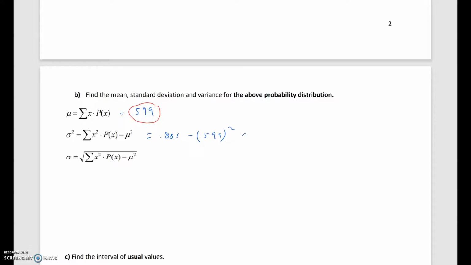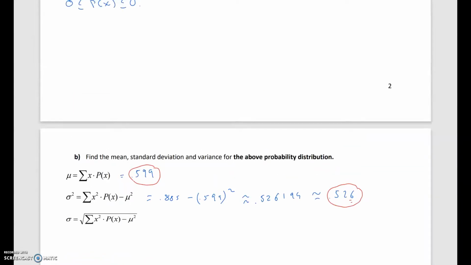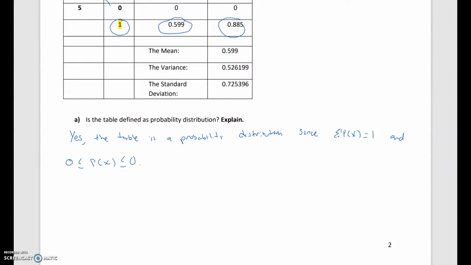And I'm getting that this is approximately 0.526199. We can round it to 0.526. I'm just going to go to 3 decimal. And let's compare that to the answer from the table, and actually it matches.